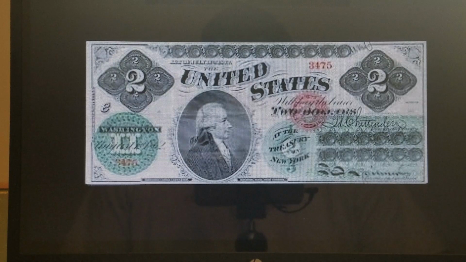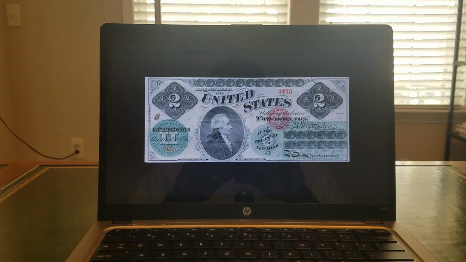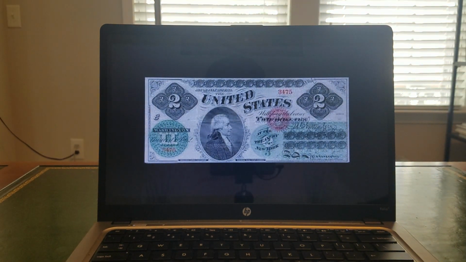Everybody knows that I primarily go with currency that is series year 1928 and below, but I'm going to change the game up a little bit and look at broadening my overall numismatics collection. These are some beautiful notes, very ornate, if you will. Nice looking notes. So that's what they used to look like.